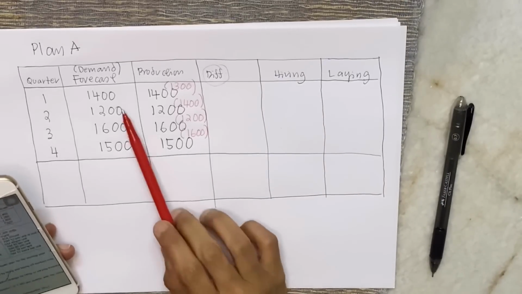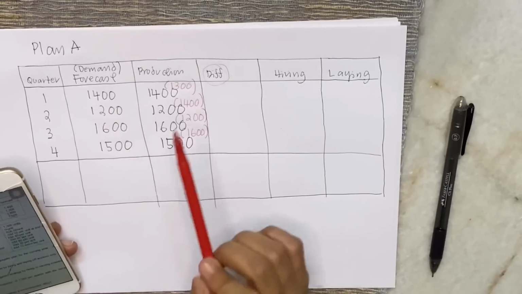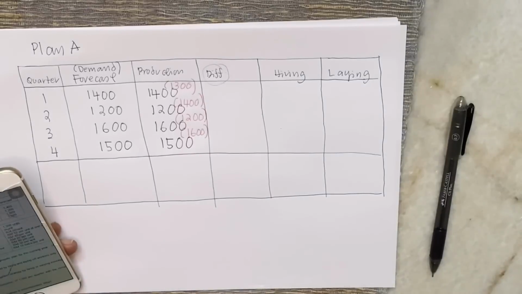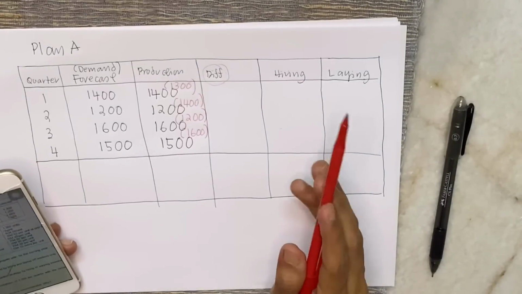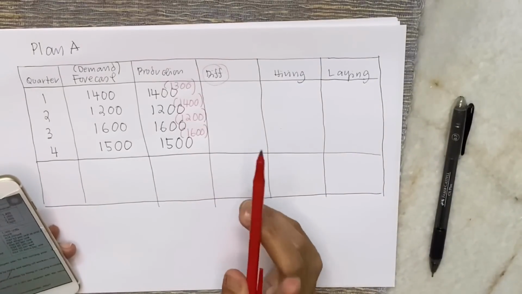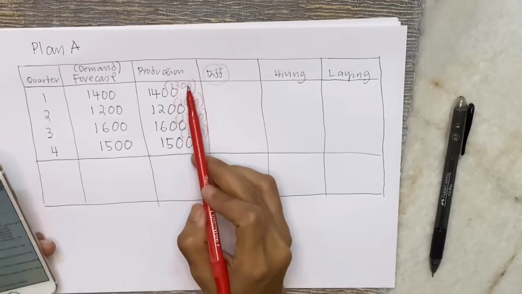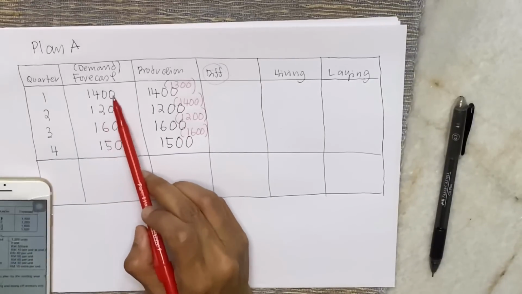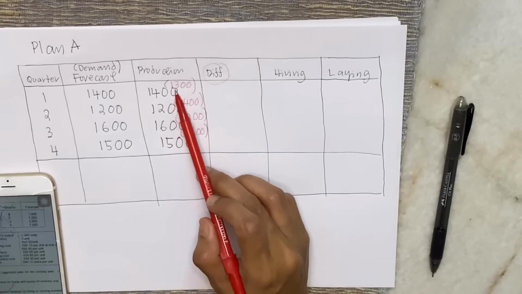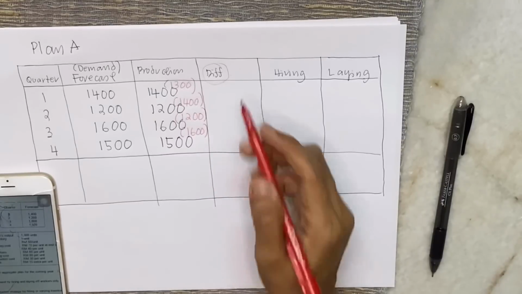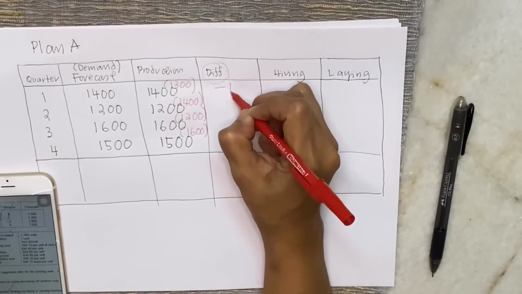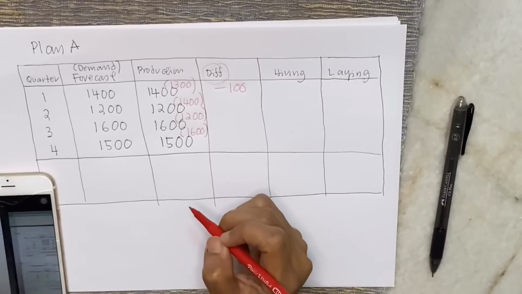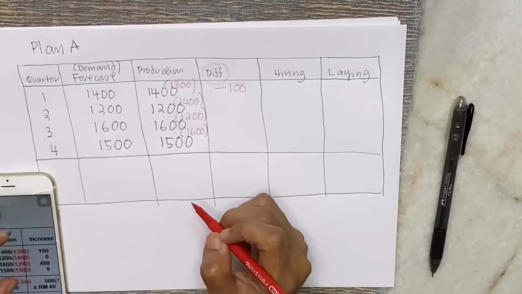Alright. So 1400 minus 1300. We produce more or we produce less? We produce less. Because the demand said they require 1400 but we only provide 1300. So how much is the difference? Negative 100. Right.